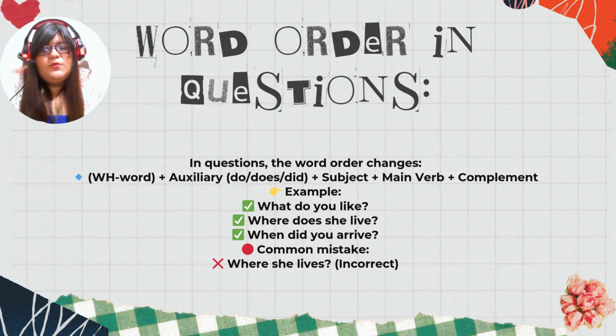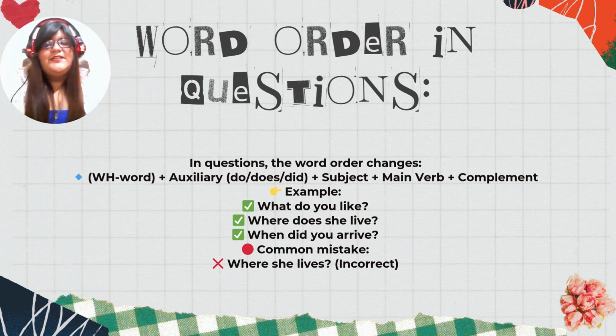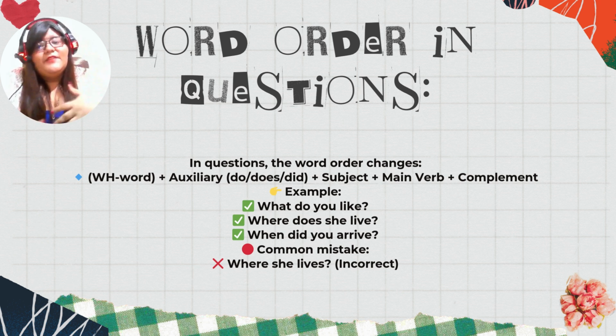Then we have: when did you arrive? And we have here a common mistake. "Where she lives," that's grammatically wrong. Be careful, avoid that mistake. But it's okay. Sometimes, like I was saying previously, we need to communicate our ideas, and in that moment, we won't think about subject, verb, and complement.